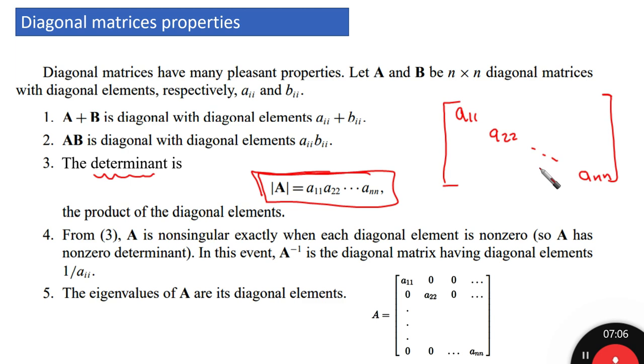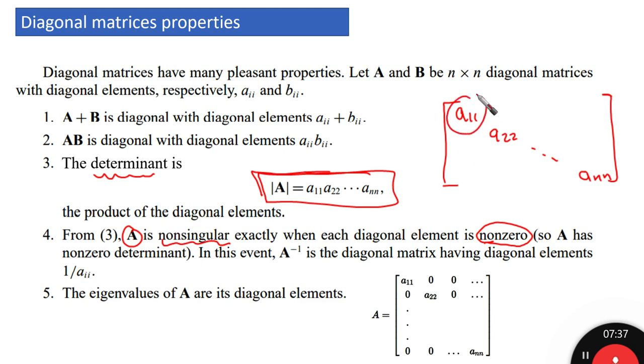Based on that, we can say that A is non-singular exactly when each diagonal element is non-zero. Because if there is one element along this diagonal that is 0, we're going to have a zero determinant, right?